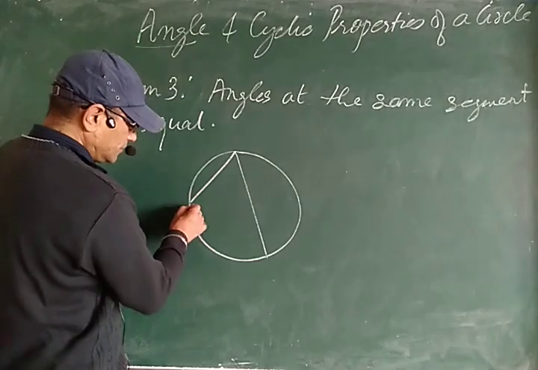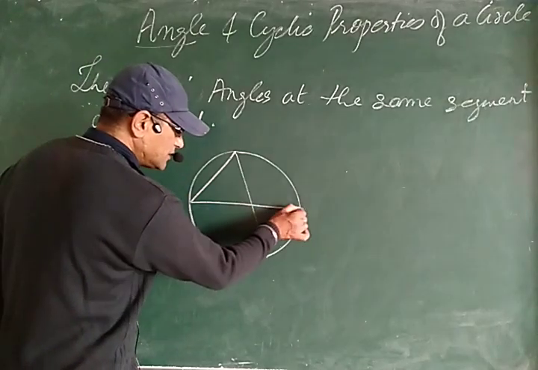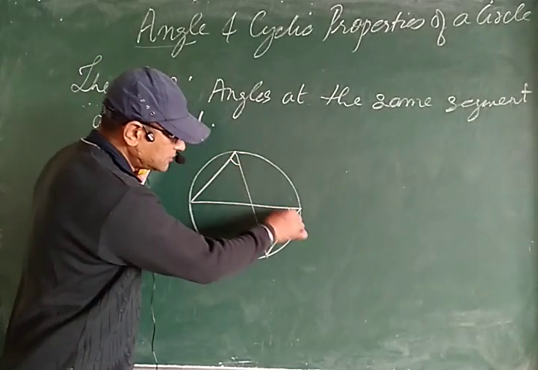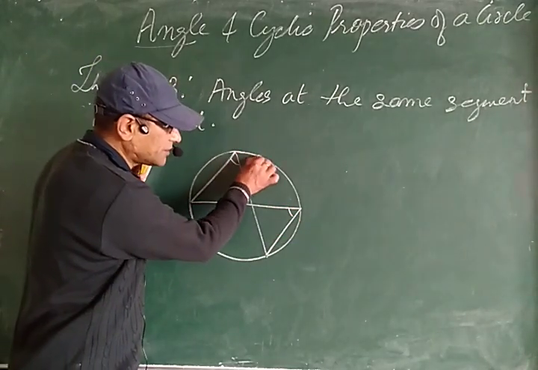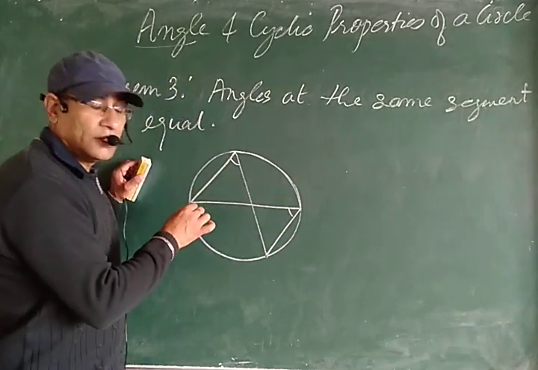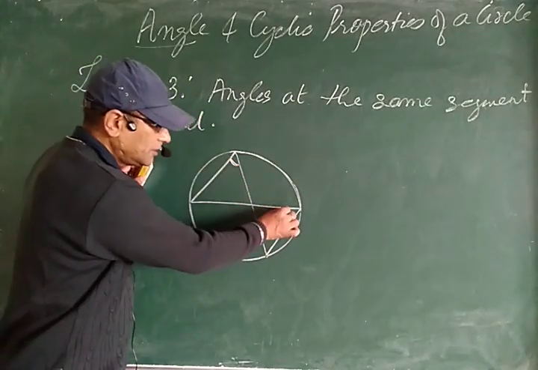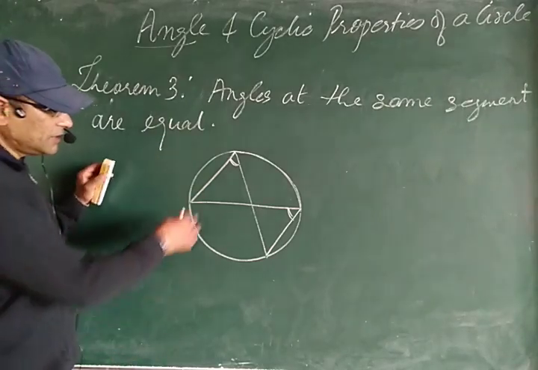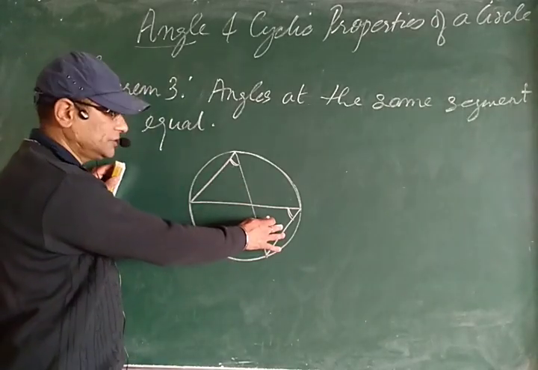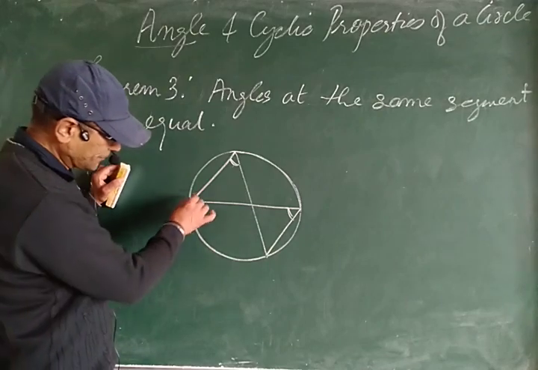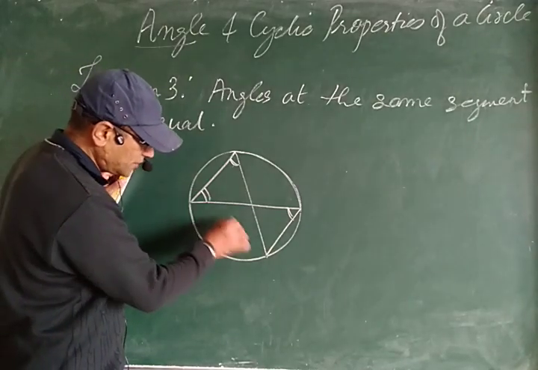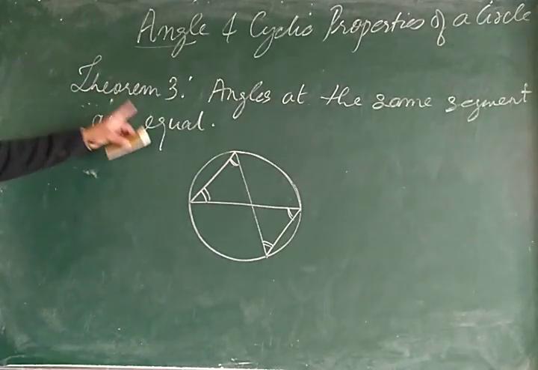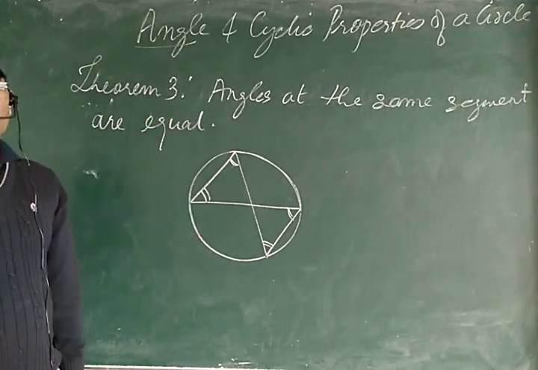One angle is formed here with the help of these 2 lines, and another angle is formed here. We can say that these 2 angles are formed at the same segment. This is the segment of the circle, a small part of the circle. So one angle is formed here, another angle is formed here. These 2 angles are at the same segment. These 2 will always be equal to each other. That's the third theorem. Here again we can say these 2 other angles are also equal to each other. So angles at the same segment are equal. Clear?